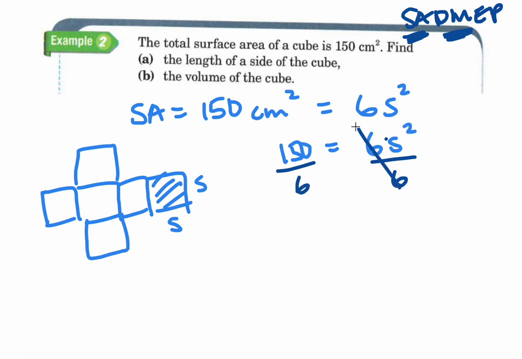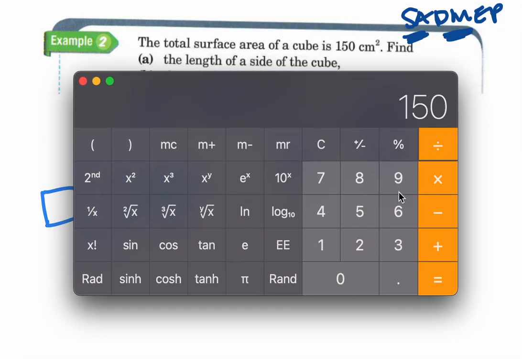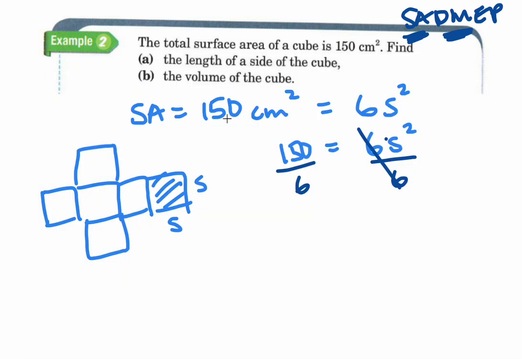Normally you would multiply by 6. Now I'm working backwards to figure out what the original s value was. 150 divided by 6, that's 25. Okay, so that answer is 25 equals s squared.